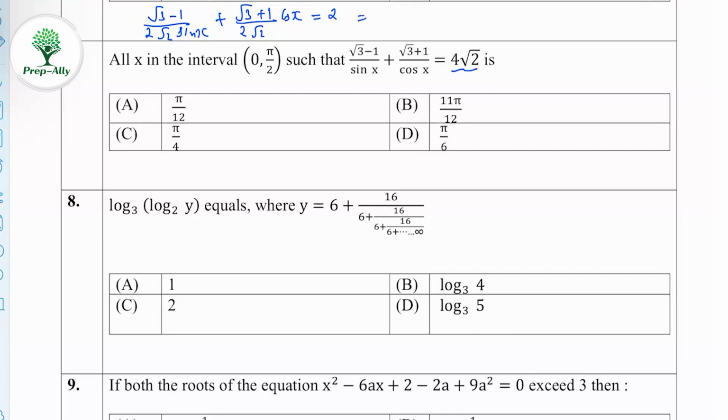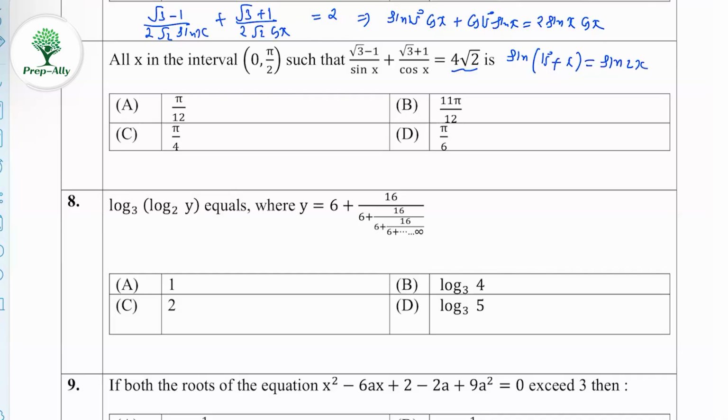Root 3 minus 1 by 2 root 2 is sin 15 degree. LCM I am taking cos x, this cos x will be in the denominator, plus cos 15 degree sin x is equal to 2 sin x cos x. Sin 15 degree cos x plus cos 15 degree sin x is nothing but sin of 15 degree plus x, and 2 sin x cos x is nothing but sin 2x.